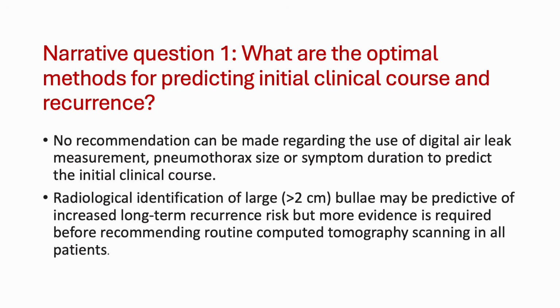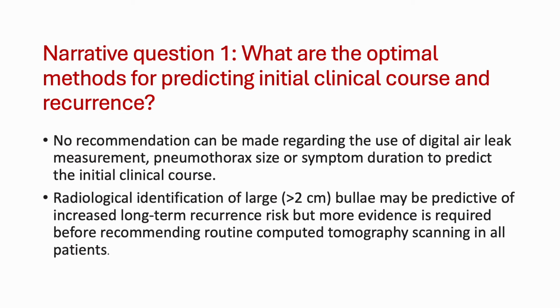Coming to narrative questions, the first narrative question was about the optimal method of predicting clinical course and recurrence. Here they posed a question to all the task force members about what they think will be the optimal method to predict whether this patient will have recurrence, and they looked at all the studies to ascertain that.